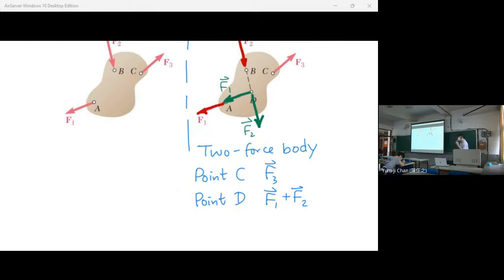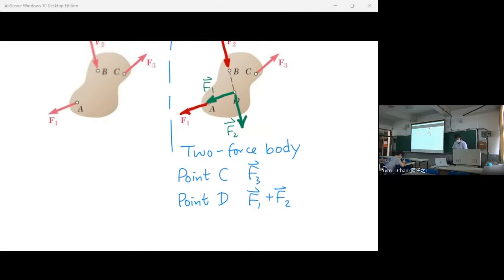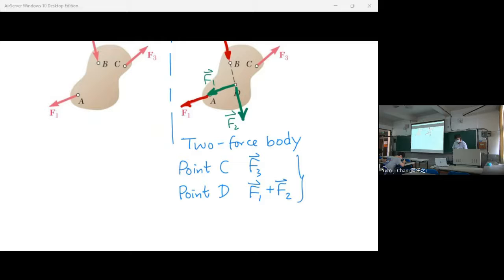What we learned is that for a two force body, these two forces should share the same line of action. CD, right? We have just learned from the two force body that they share the same line of action.